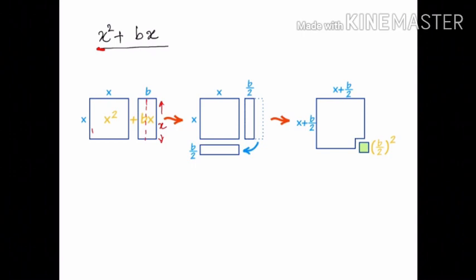These two rectangles can be placed along the edge of the square of side x as shown in the second figure.